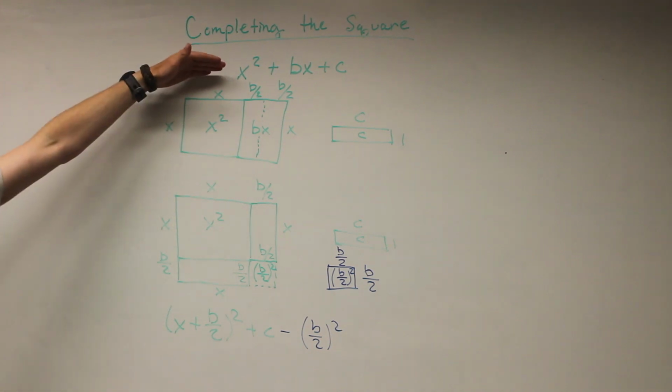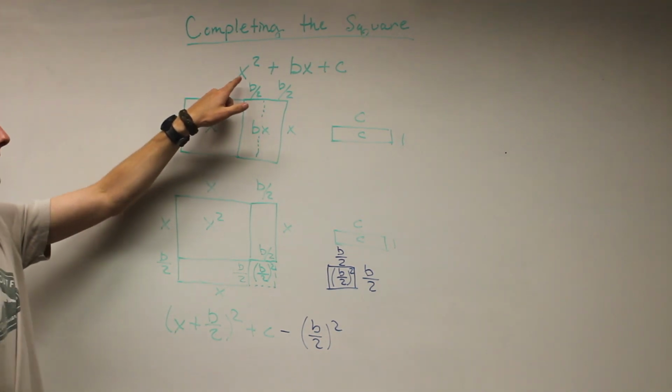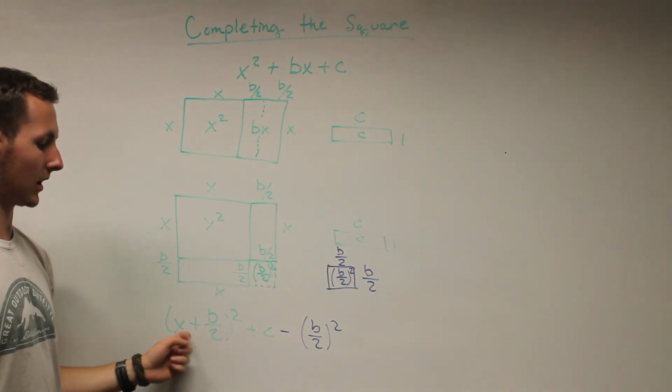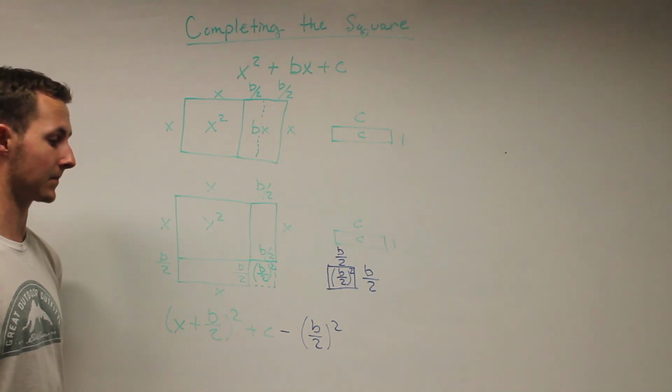So there we go, we've taken our quadratic expression of this form, x squared plus bx plus c, and changed it into a form where the variable x only appears one time.